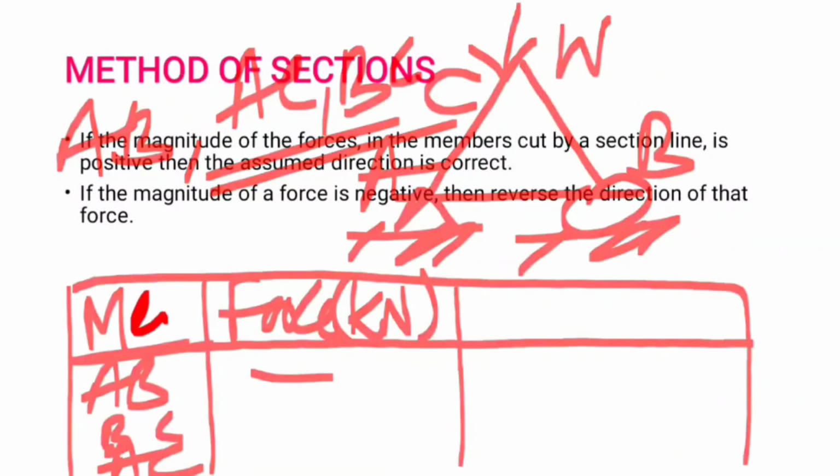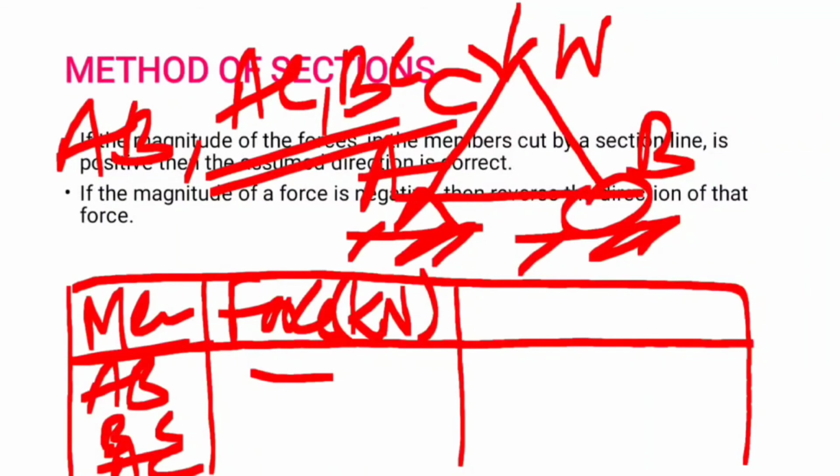First column is member, next column is force, next column is area. We need not calculate any area if it is given in the question itself: for member AB 1000 mm square, BC 1500 mm square, AC 500 or 750 mm square.